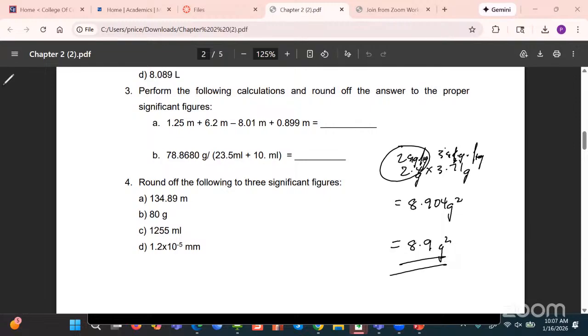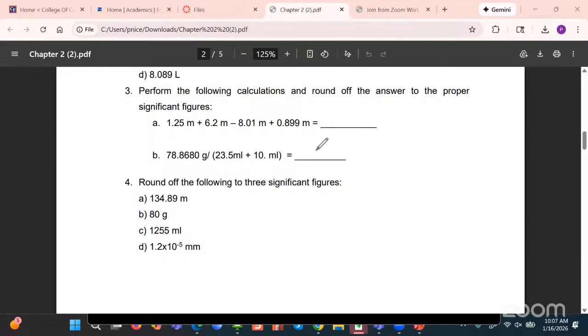So let me use the same two numbers. This time I'm going to add 2.4 grams to 3.71 grams. According to the rules, when you're adding or subtracting numbers, you round off your answer to the lowest number of decimal places. Let me do this on my calculator.